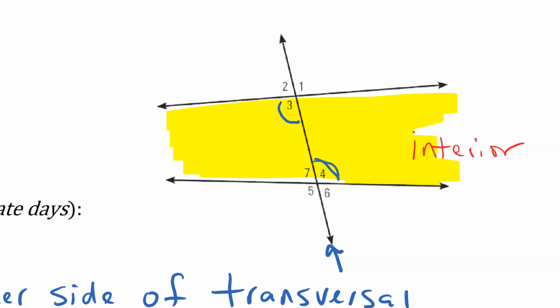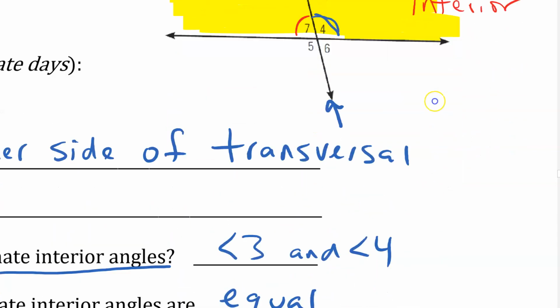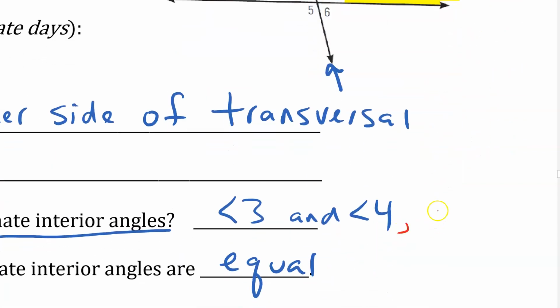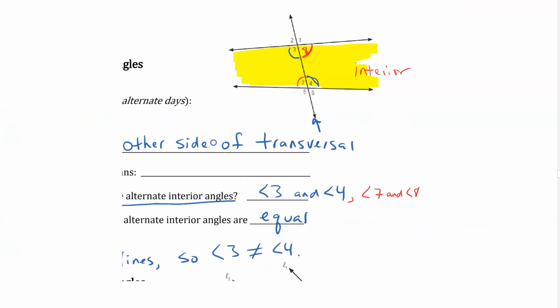Which number is missing? 8. If I put 8 here, which angle is an alternate interior angle to angle 8? The other one is on the other side of the transversal, but still in the interior, still in the yellow zone: angle 7. So angle 7 and angle 8 are another pair of alternate interior angles.